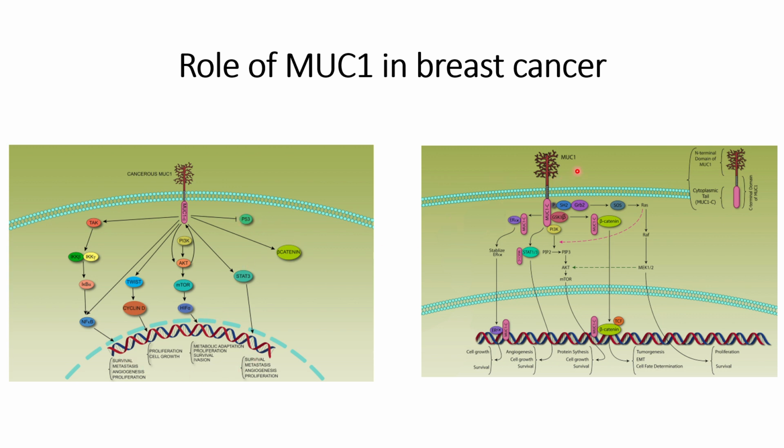So the best approach to deal with this breast cancer is to somehow deactivate or prevent this Muc-1 from getting activated, and thereby the downstream Muc-1 cytoplasmic domain will not get activated. This is the main idea by which breast cancer can be easily cured.